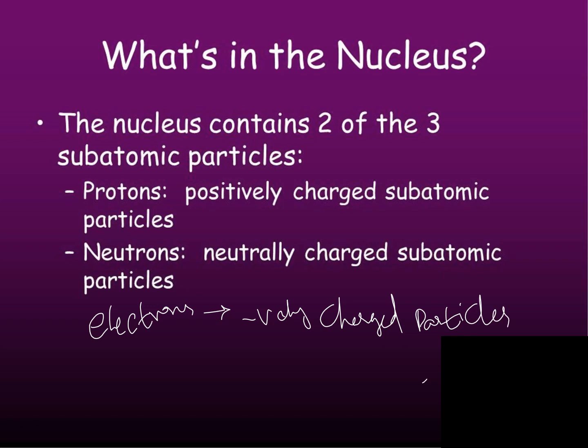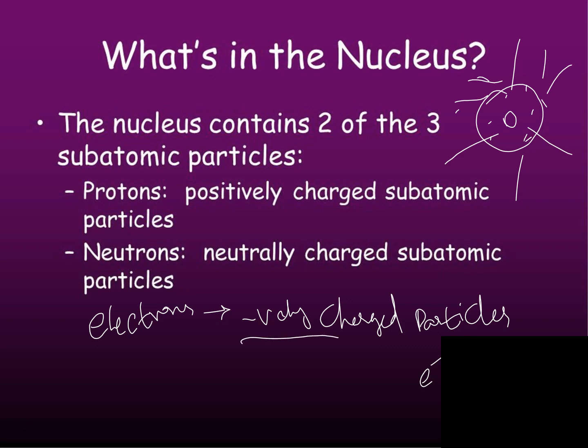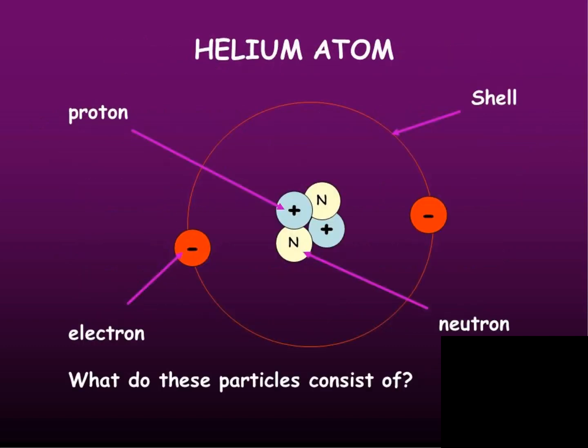All the electrons are the negatively charged particles. If this is an atom, this is the nucleus. Here we will have the electronic cloud, and here all the protons, neutrons, electrons will be attracted by this electronic cloud because the electrons are negatively charged, these are positively charged, and these are neutral. So they are being attracted by this atom.